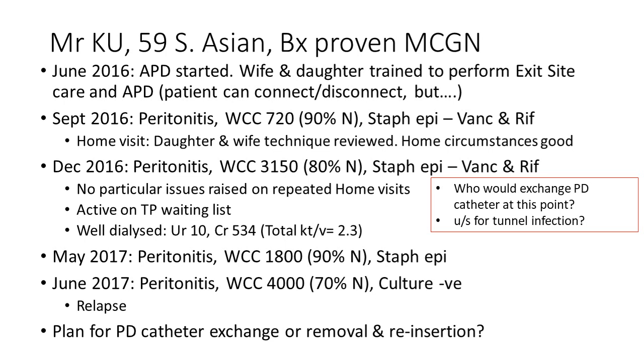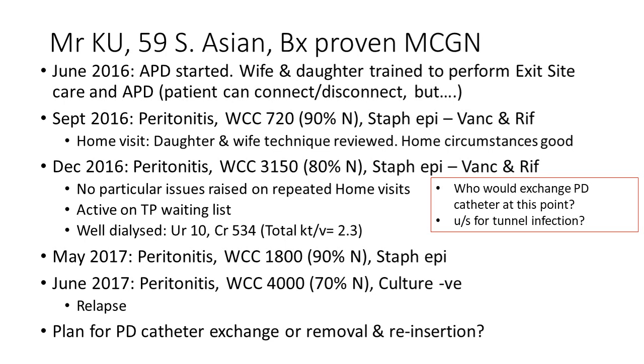But equally, the real question is, how many, after just 2 episodes within 6 months of starting PD, would exchange a PD catheter at this point and say, well, he's had 2 episodes, the PD catheter is probably colonized, which is why he's had it again. If we had exchanged at this point, could we have saved him these 2 episodes of peritonitis? I must say, I did think about that.